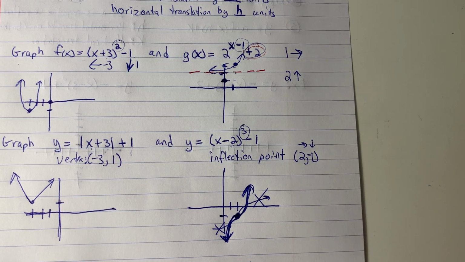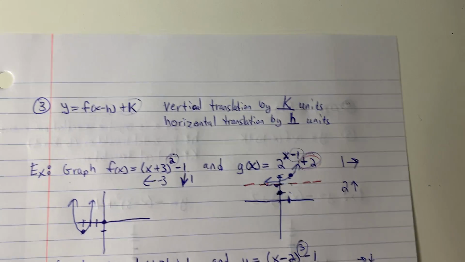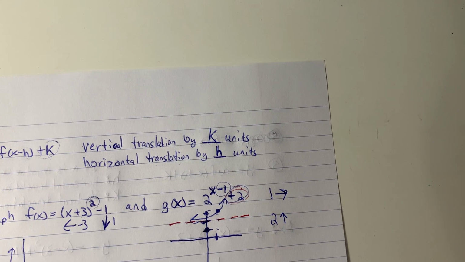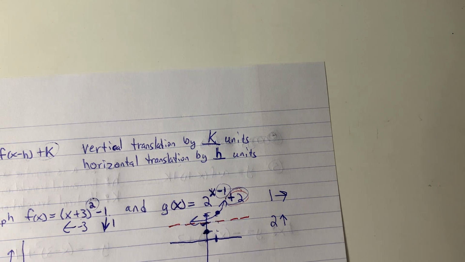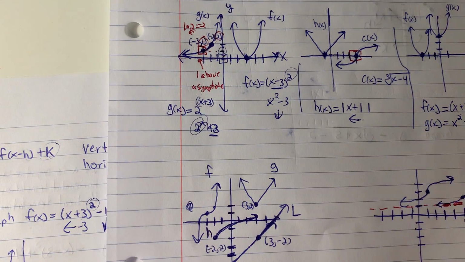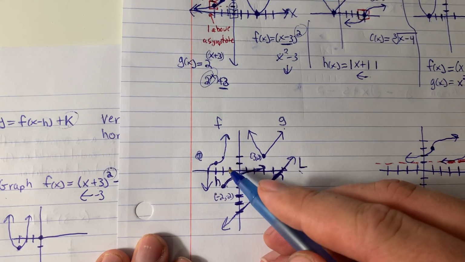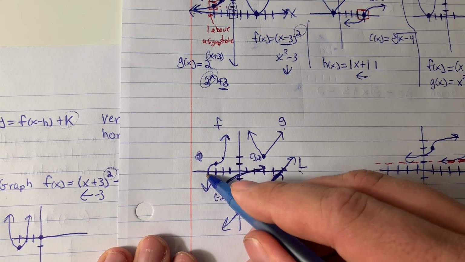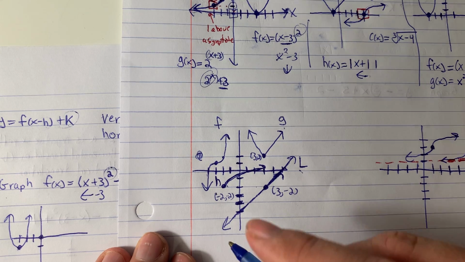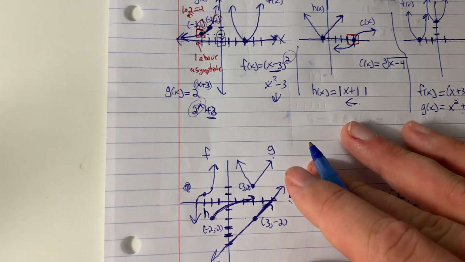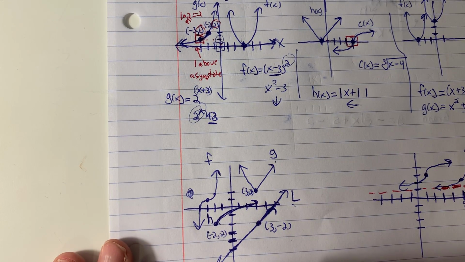Okay, let's see how you do on identifying graphs. So we have F, G, H, and L here. Let's start with f of x. What is the equation for f of x? You want to be able to identify what the parent function is of f of x, and then how it got shifted.